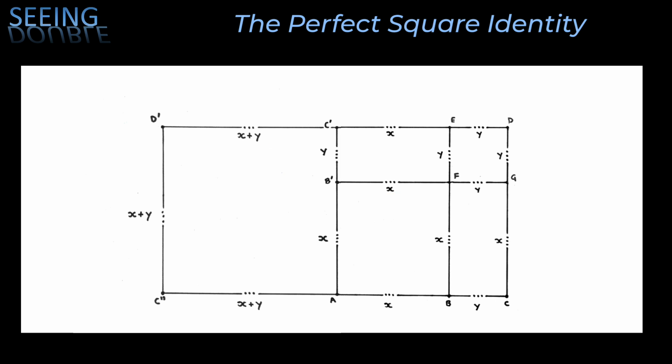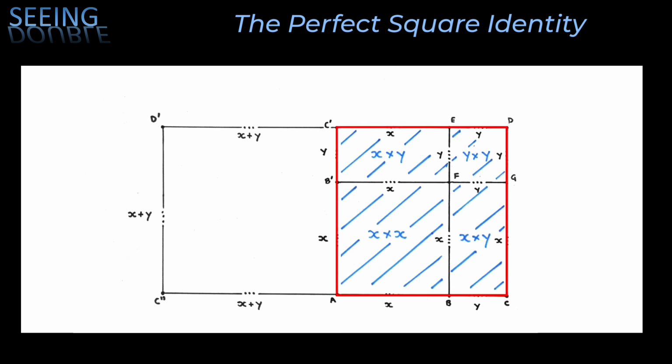Now let's look at the area of those squares and rectangles that make up ACDC'. There is still a square with area x by x, but now that BC varies with length y, there are two rectangles with area x by y, and a square with area y by y.